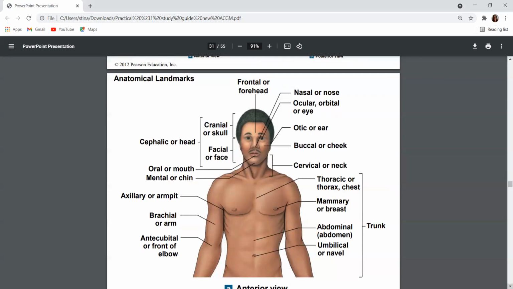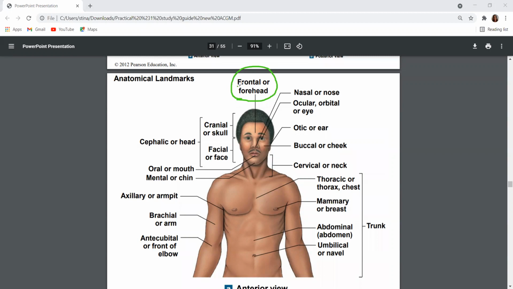So on a practical, if I ask you what this landmark is, you're going to be telling me these terms. But let's get one thing out of the way, because they have the common name and the medical name for it. So for instance, I'm circling the frontal, or forehead, here. For A&P, you cannot put the forehead. It's just telling you what the frontal landmark name is used for.